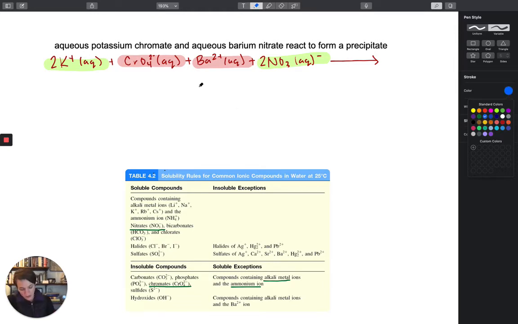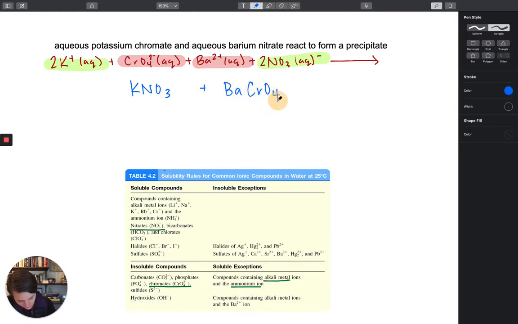The new pairs would be KNO3 and our barium chromate, right? One cation with the other anion, so it's a do-si-do.